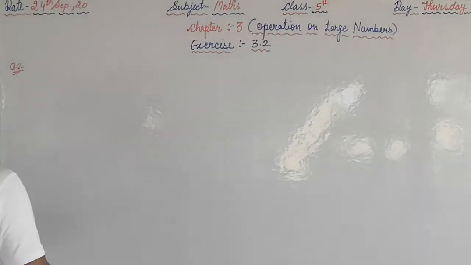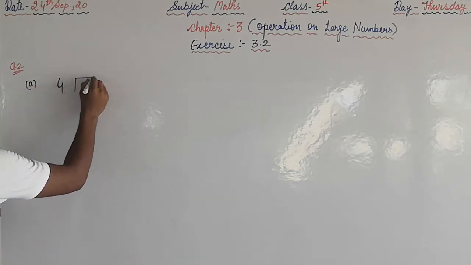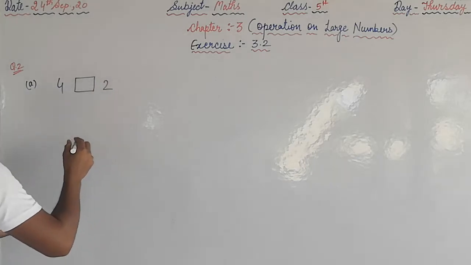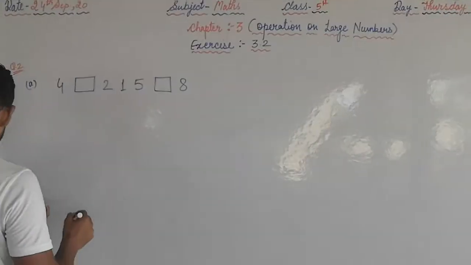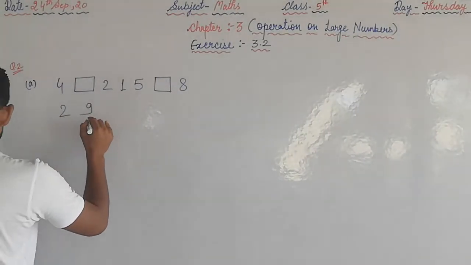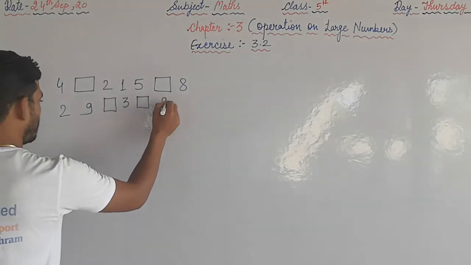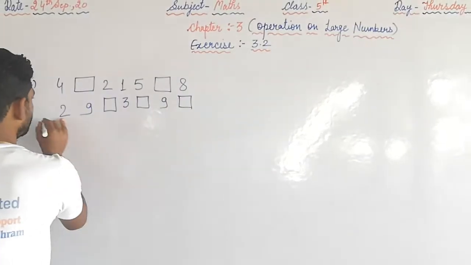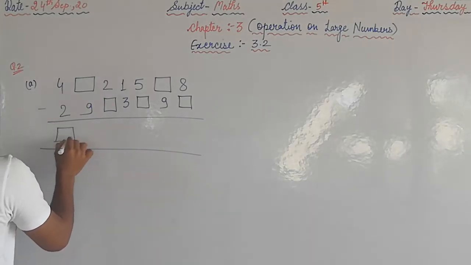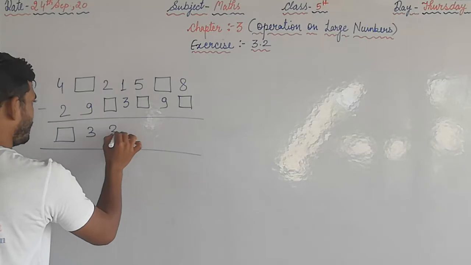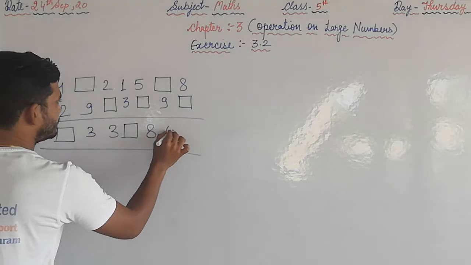Question number 2, part A. 4 2 1 5 box 8, 2 9 box 3 box 9, box 2 minus box 3 3, blank 8 0 4.